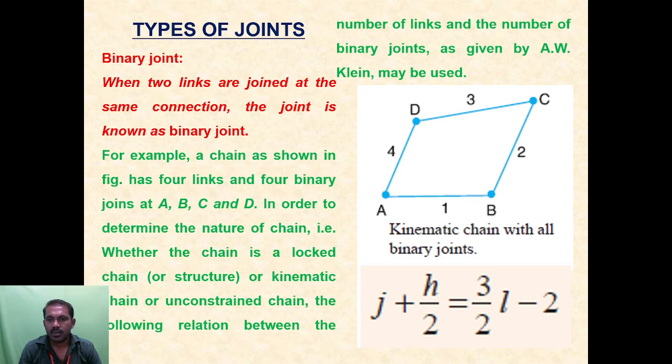Here is an example. In the chain shown in the figure, A, B, C and D are binary joints of 4 links. In order to determine the nature of the chain, whether the chain is a locked chain, a structure or a kinematic chain, the following relation between the number of links and the number of binary joints is given.